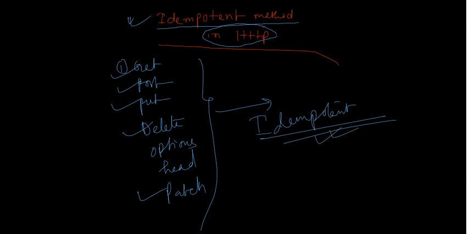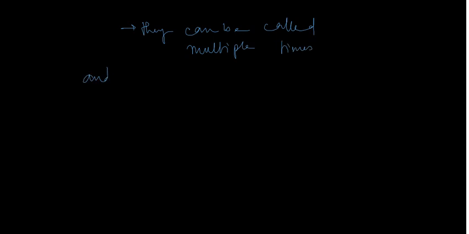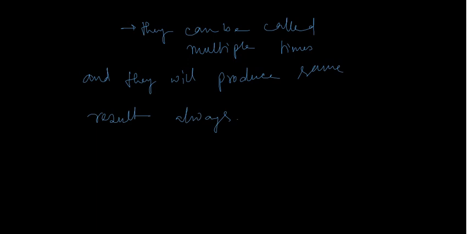Idempotent methods are those methods which can be called multiple times and they will produce the same result each time, always. These methods are called idempotent methods.